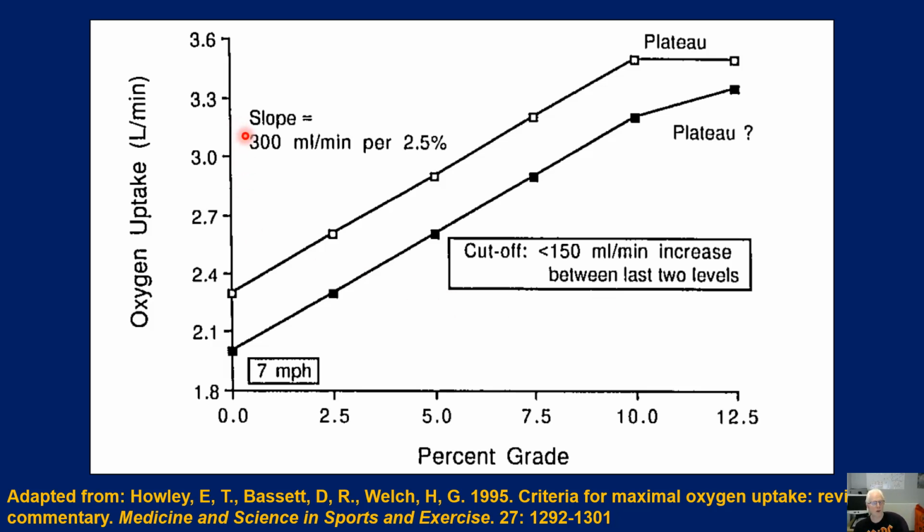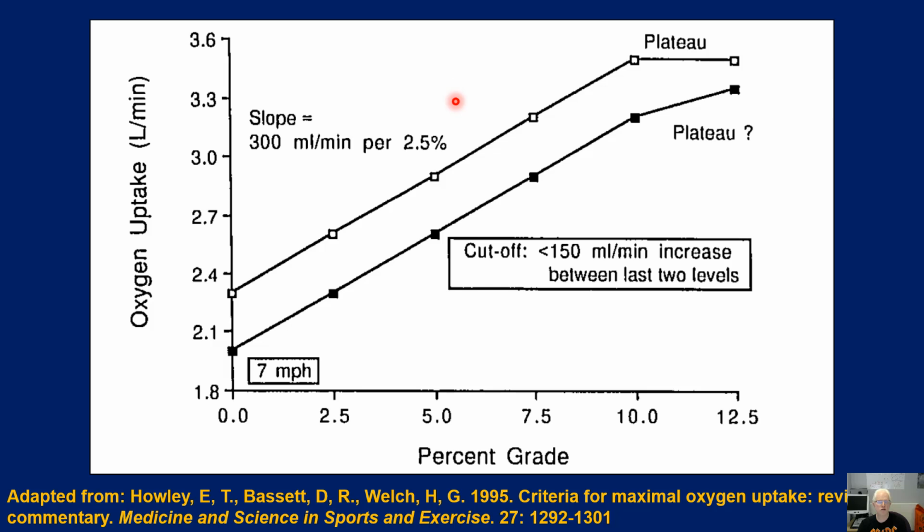This response is based upon the protocol. If I use a 1.5% increase in gradient, I don't get a 300 mil per minute increase. I might only get a 250 mil per minute increase. Therefore, my criteria isn't 150 mil, which most groups use. The criteria is 125 mil. But we want to go a stage further. And you'll see why this becomes relevant as we get towards the end of this presentation, which is, I mentioned a moment ago, understanding the individual.